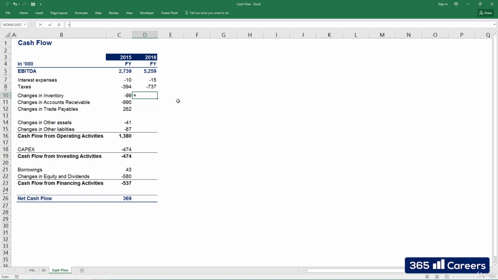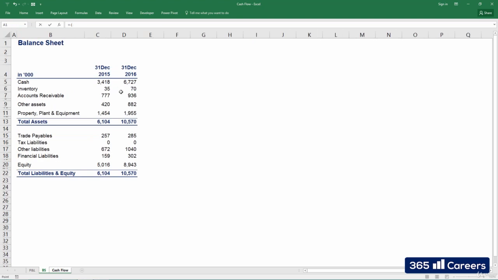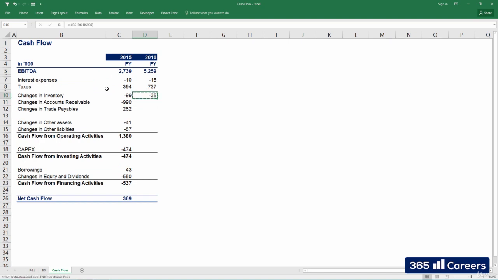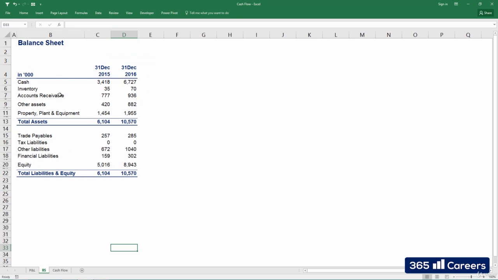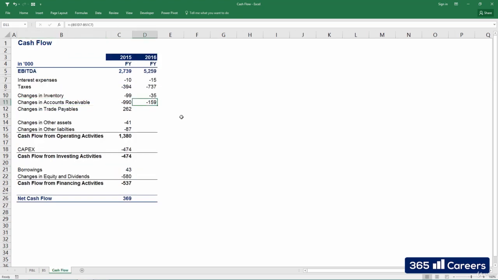This is an asset, which is why I'm putting a minus before the brackets and subtracting 2016 inventories from 2015 inventories. Let's copy the same formula for the row below, as trade receivables stand exactly below inventory in the BS sheet, and the same formula is applied to them as they are an asset.